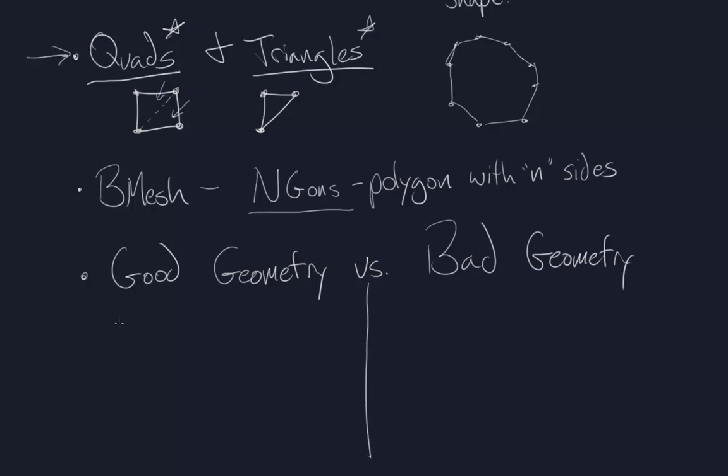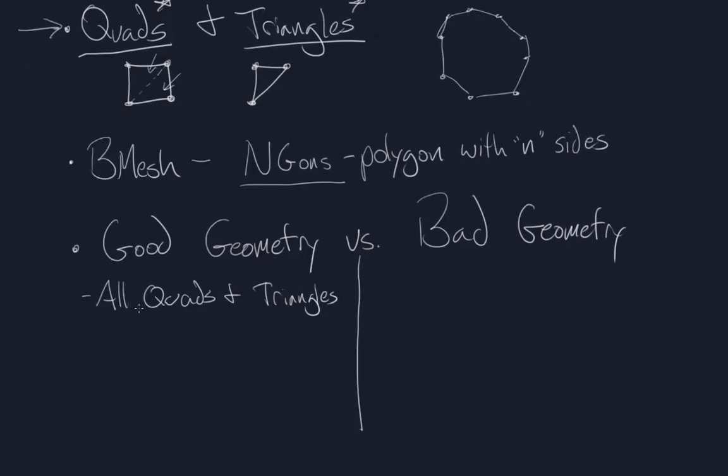So, for good geometry, you want all quads and triangles. I also want to mention, all of these rules, you're probably going to end up breaking them at some point for one reason or another. Just know that going in, okay? But when I say good geometry, I generally mean everything should be quads and triangles.